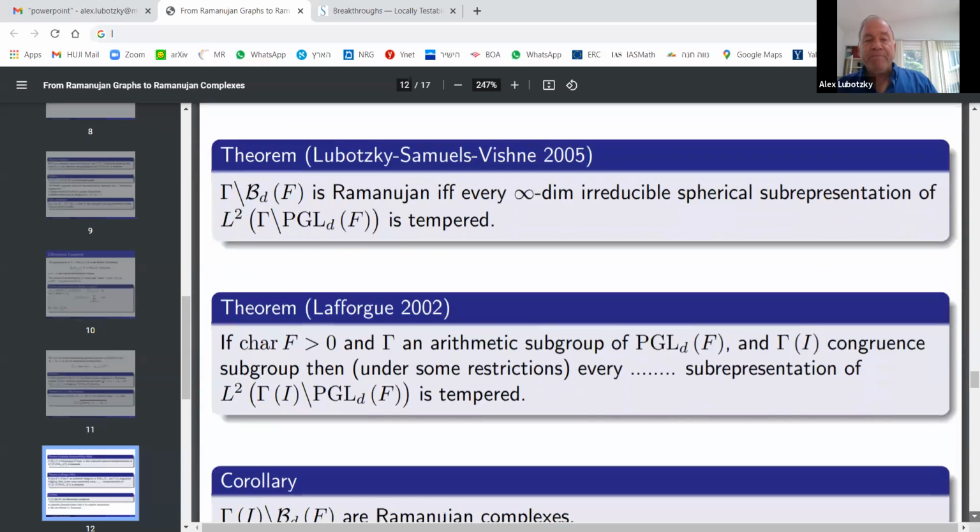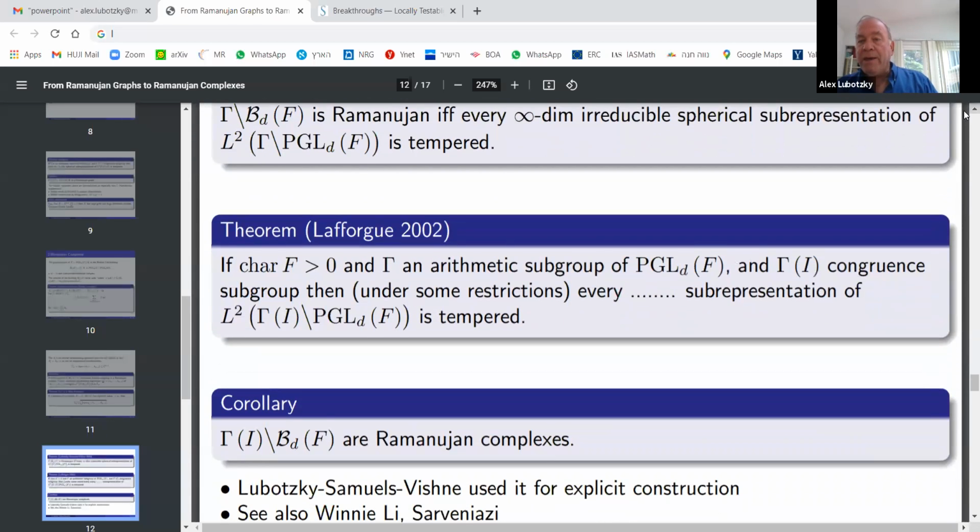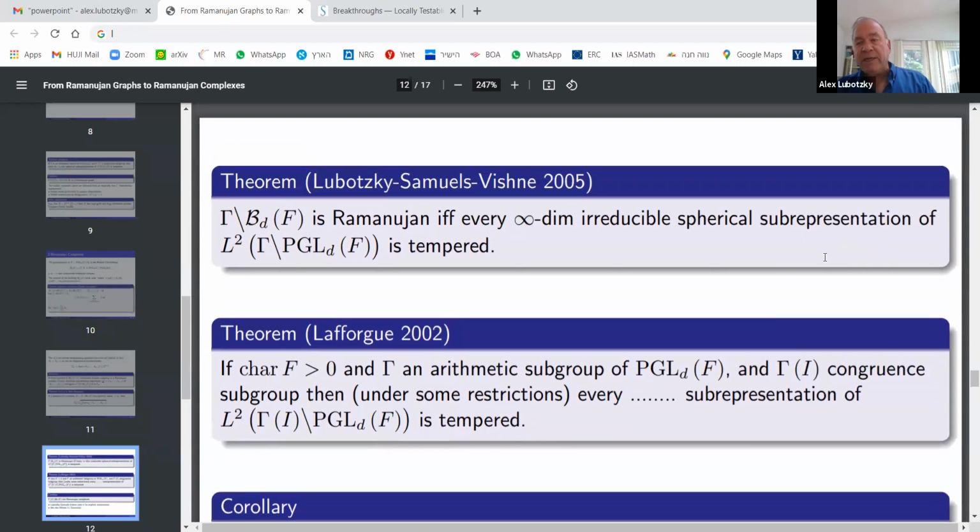And here's a theorem. This, again, is an old work with Beth Samuel, who unfortunately passed away shortly after that, and Uzi Vishne, that the complex BD mod gamma is Ramanujan if and only if every infinite dimensional irreducible spherical sub-representation of L2 of PGL D(F) mod gamma is tempered.